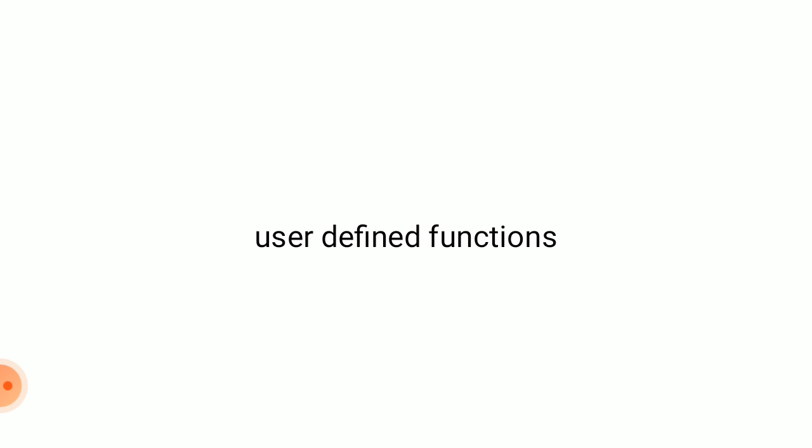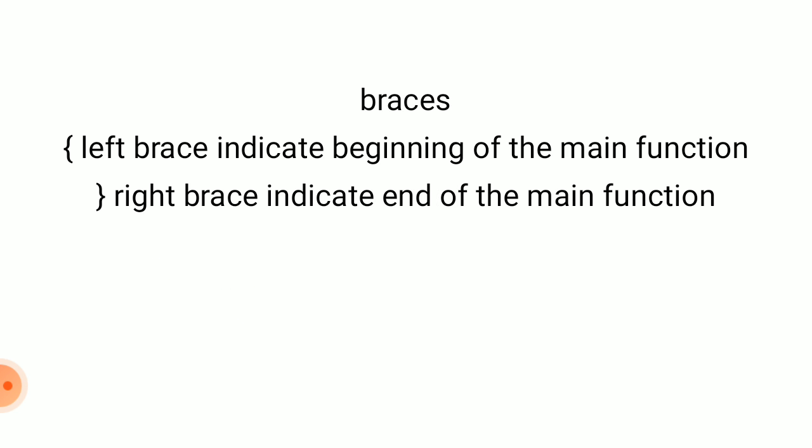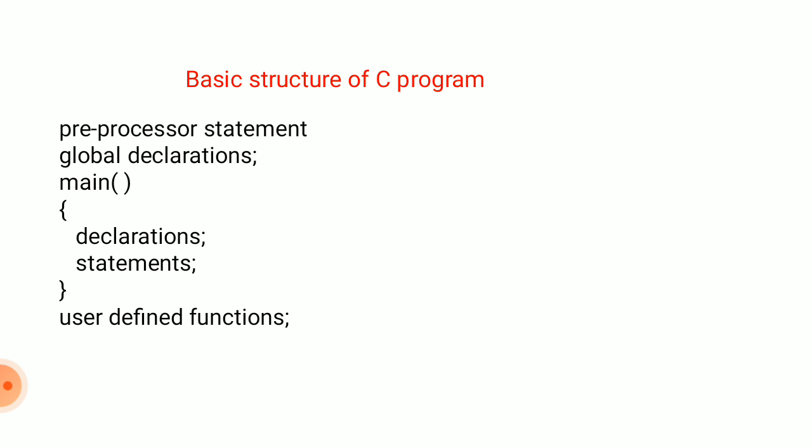So this is the basic structure of the C program. First is the preprocessor statement, then the global declaration. Preprocessor statement means where we add some header files to perform the input and output functions.